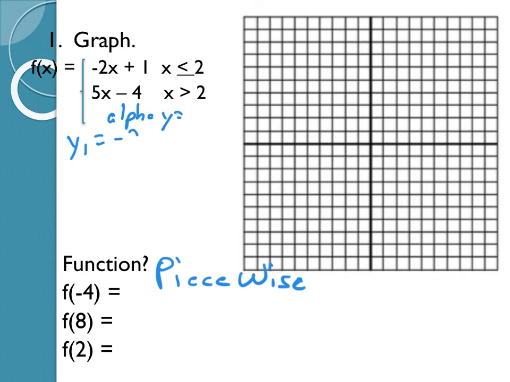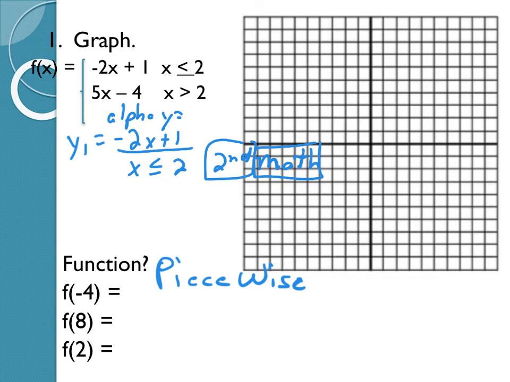So in the numerator, you're going to type in -2x plus 1. Then you're going to go to your denominator, and you're going to type x is less than or equal to 2. Now, to get to the inequality, you're going to type second math.